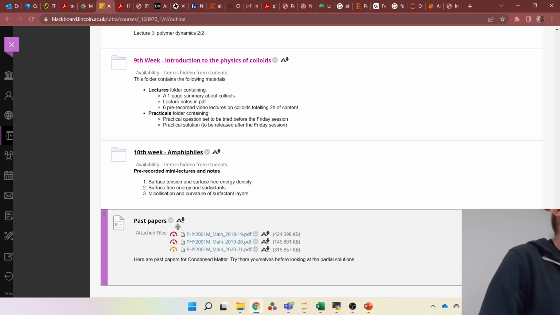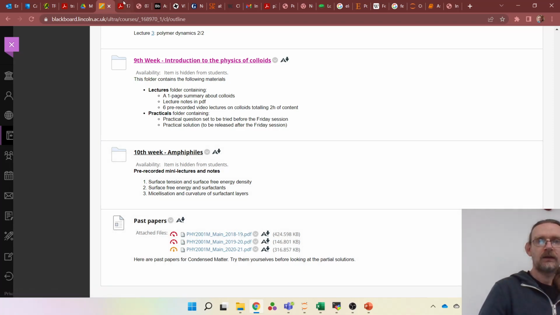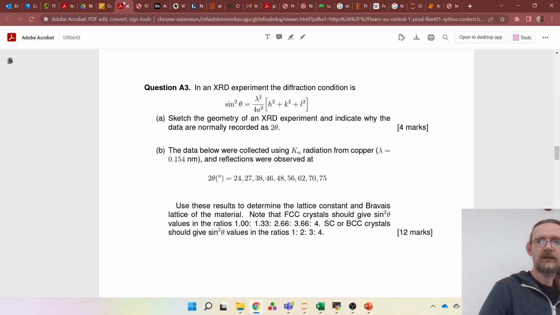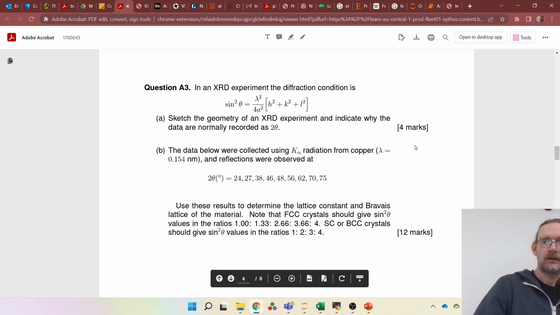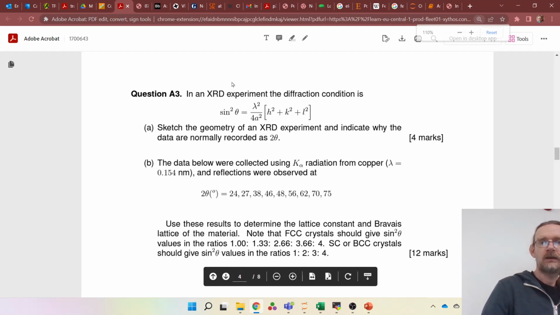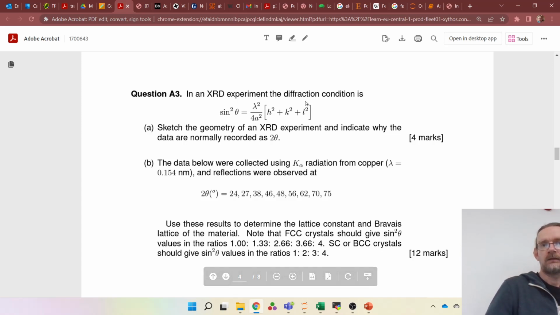So what we'll do is look through one of the questions on that. I think from the 1920 paper, there's a question there. An XRD experiment gives this diffraction condition as that.